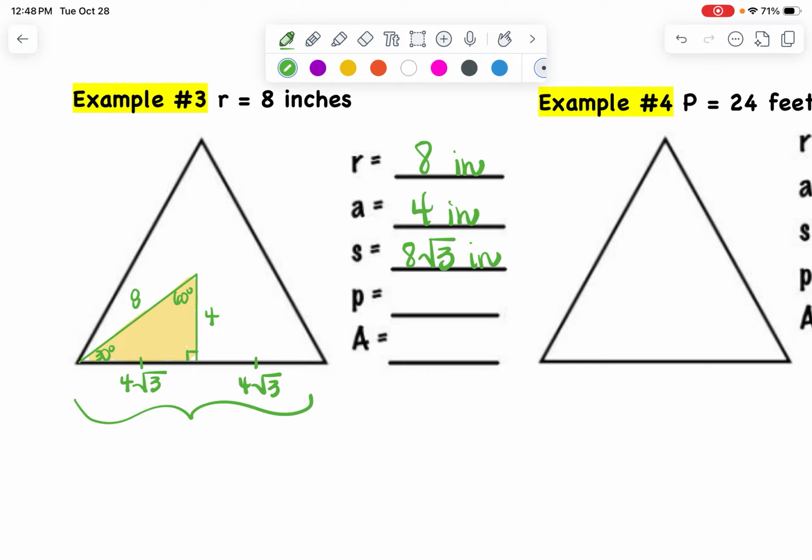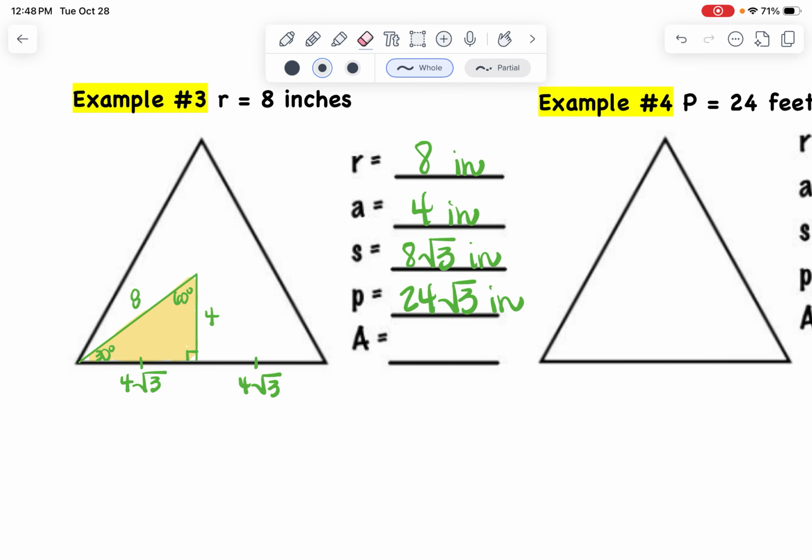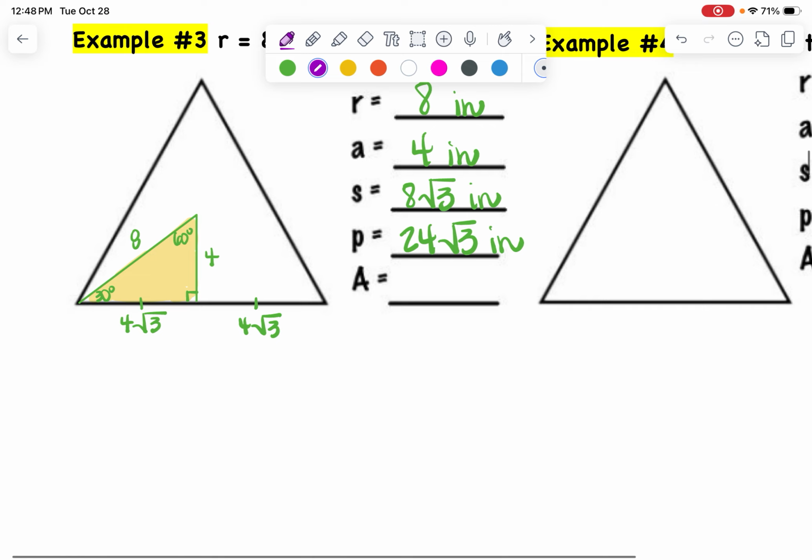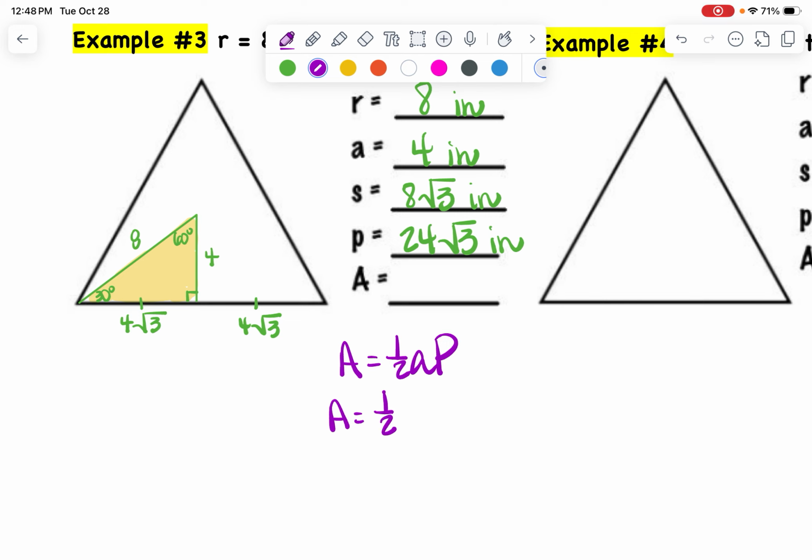Well, if each side is 8 root 3 and there's 3 of those sides, then I'm going to multiply that by 3, which is going to give me 24 root 3. And yay, now that I know all that stuff, I can use my area equals 1/2 apothem times perimeter, because I know the apothem is 4 and the perimeter is 24 root 3.